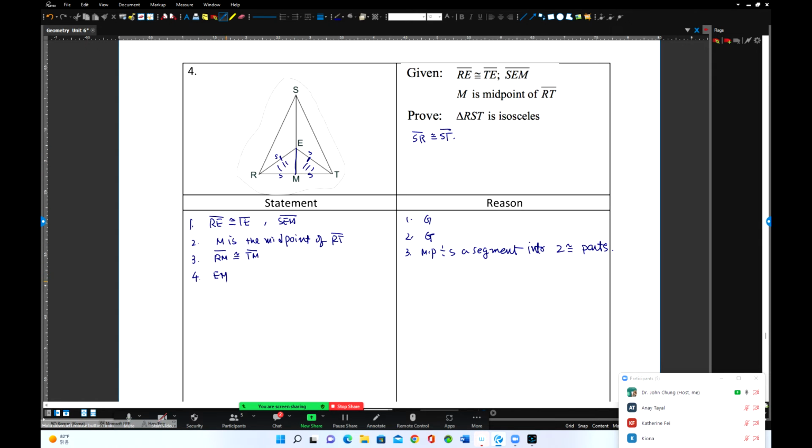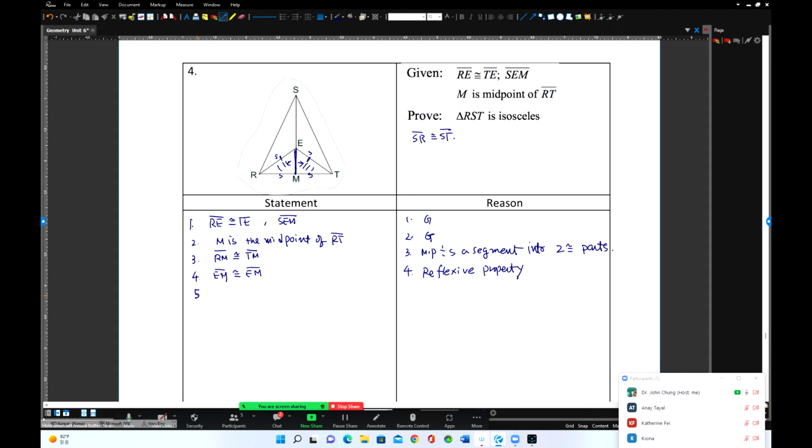This side of this triangle and this side of the other triangle, they are equal lengths. So EM congruent EM, reflexive. It is okay. All right.